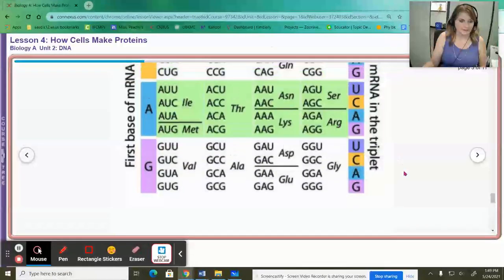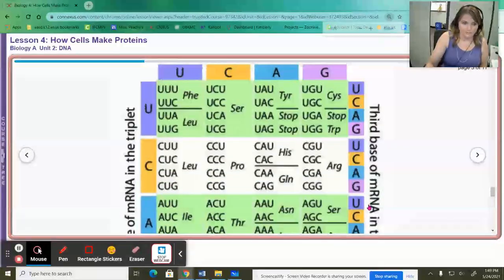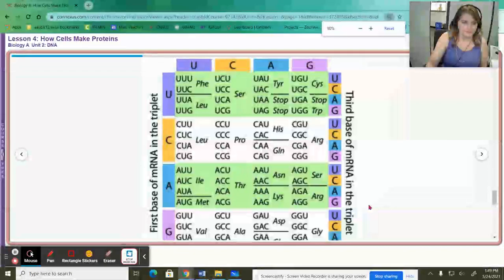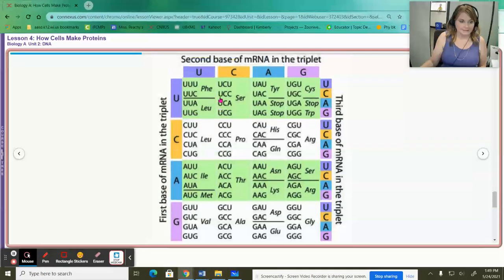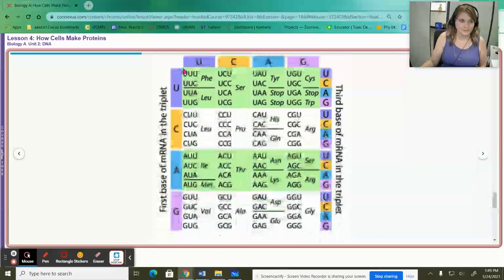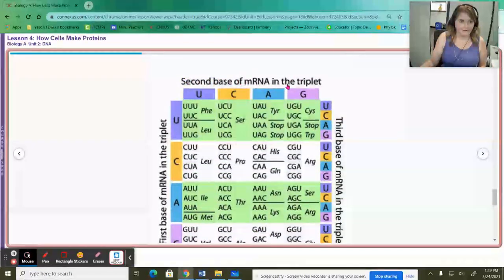Let me just make this bigger, and I'll zoom out a little bit so you can see this. Okay. So basically, if I have the codon UGC, I start on this side and I find U. And that tells me that I have to limit my search now to the top row only. My next letter is G, so I'm going to go to the top and find where the G is.